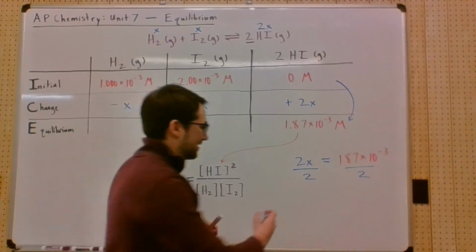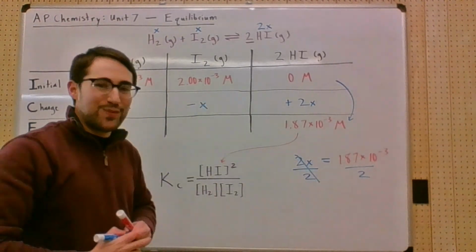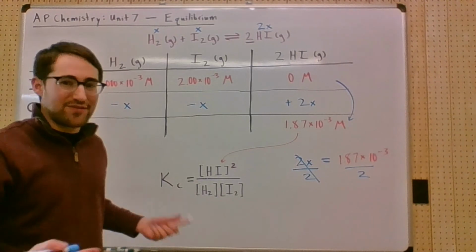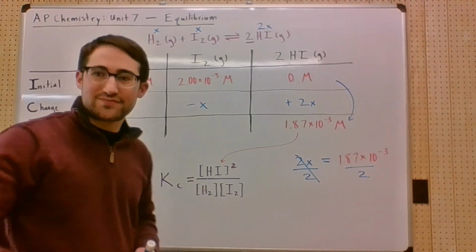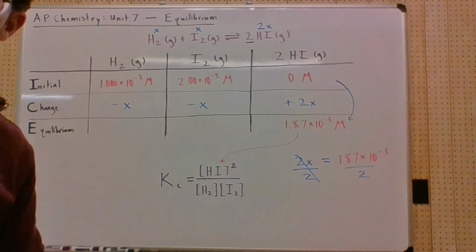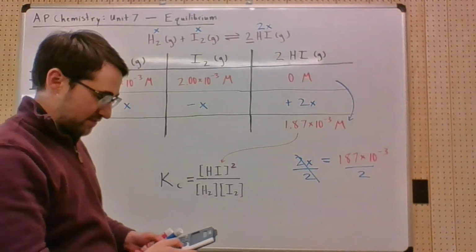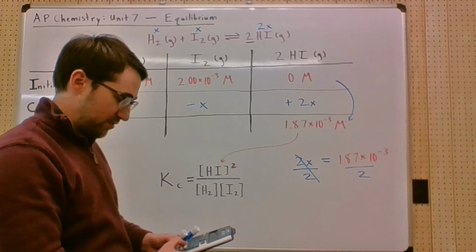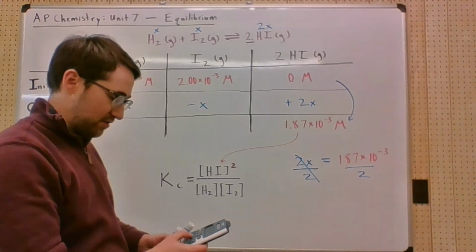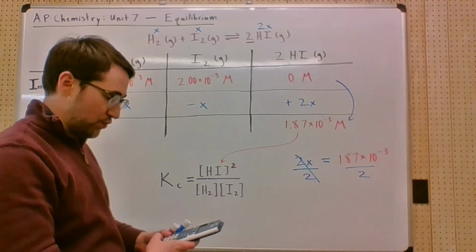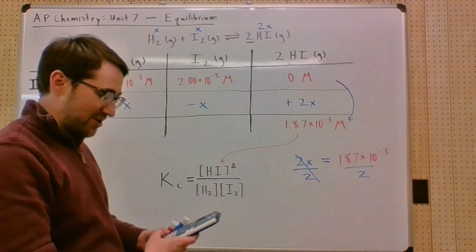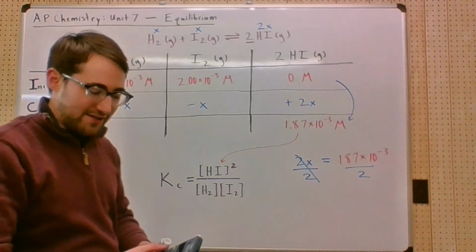All right, my x is going to be 1.87 times 10 to the negative 3 divided by 2. Cool. Let's punch that in. 1.87 times 10 to the negative 3 divided by 2. I get 0.000935.